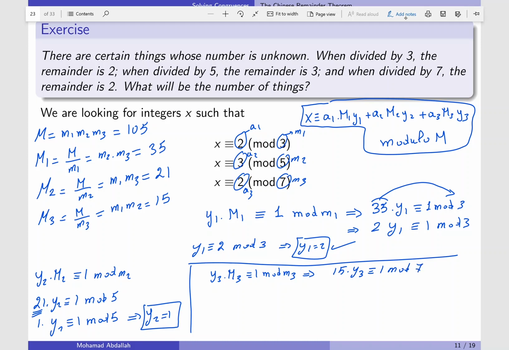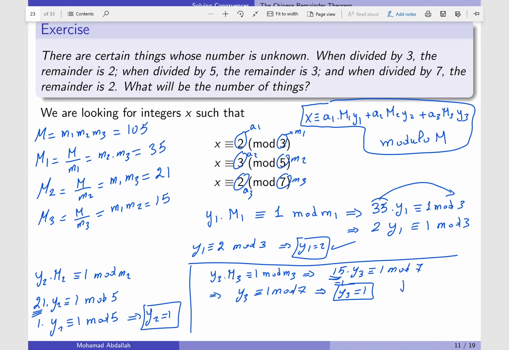Again, here we were lucky with the numbers. What happens is that when I reduce modulo 7, this 15 becomes 1. So this means that y3 is congruent to 1 mod 7. So then y3 is equal to 1. Now I put everything in the formula above.